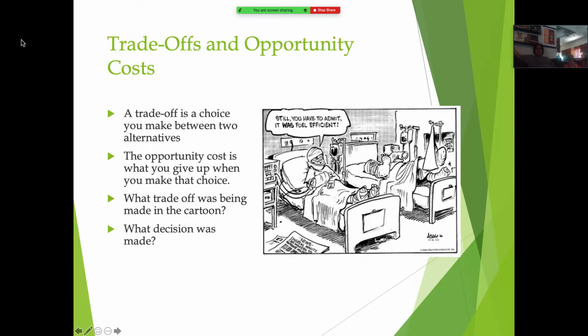He obviously made which decision? He made the decision to get the fuel-efficient car, okay? And so what is the opportunity cost? Well, he missed out on being safe, and here he is in the hospital all messed up, okay? And so that's just a quick review of opportunity costs and trade-offs.